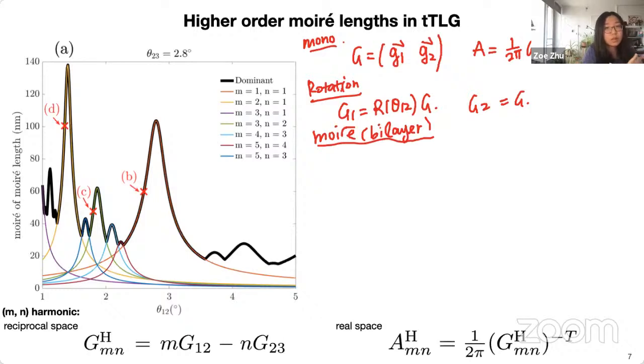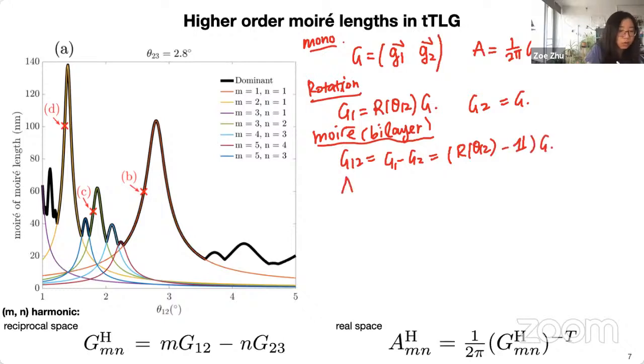Basically, we want to calculate the distance between these two reciprocal lattice vectors that are slightly rotated from each other. So this G12 that spans the reciprocal space of the moiré cell can be written as G1 minus G2, which is basically the R theta 1, 2 minus the identity multiplied by G. And of course, the moiré pattern would just be, again, the inverse of these G vectors.